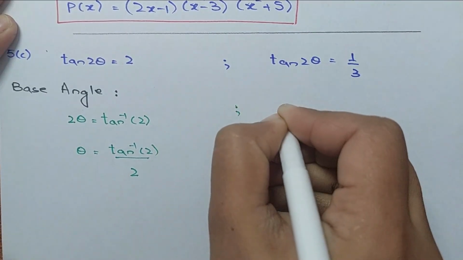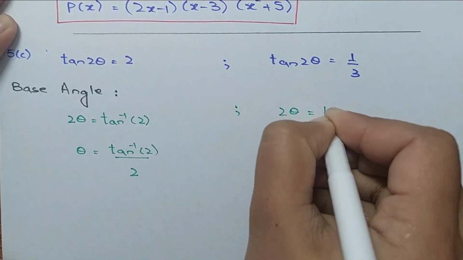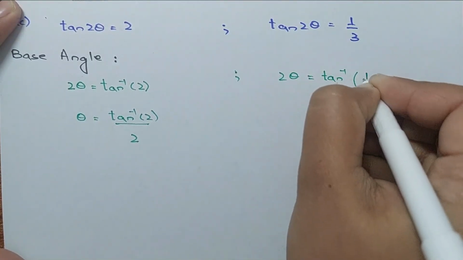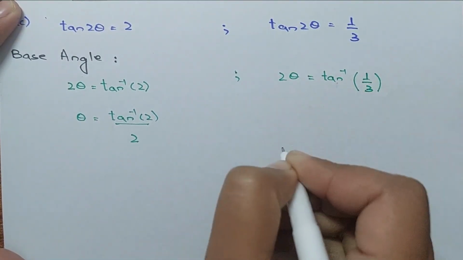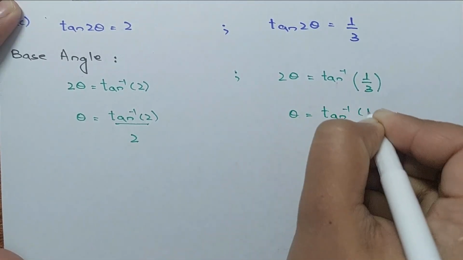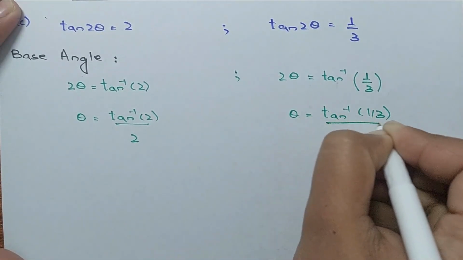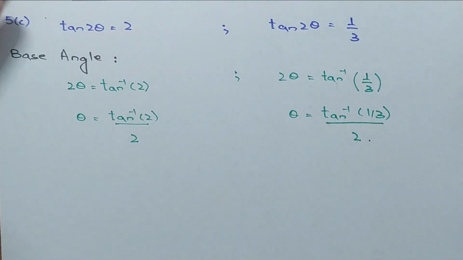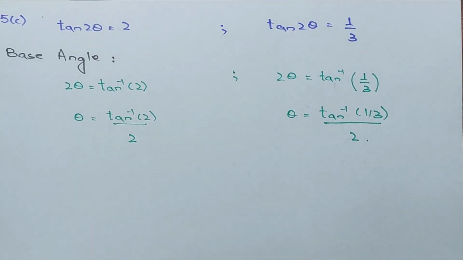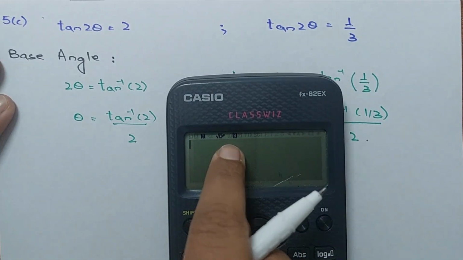On the other hand, we can say 2 theta is tangent inverse of 1 over 3, and theta would be equals to tangent inverse of 1 by 3 divided by 2. Since no domain for theta is mentioned, we just need to figure out the positive value of theta, and that value should be the least one, and in radians, right? Your calculator should be in radians.